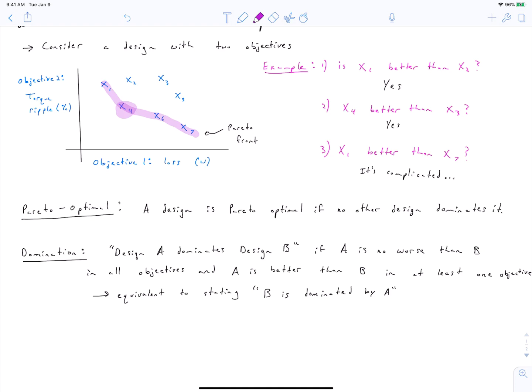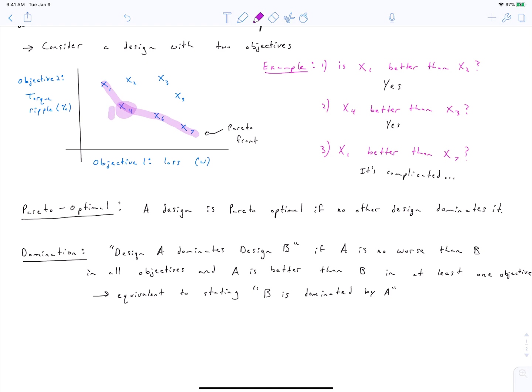But we cannot say the same thing for designs on the Pareto front. So if we compare designs X4 and X6, you can see that X4 improves in one of the objectives, but it degrades a second objective. So it improves loss, but it causes an increase in torque ripple. So we cannot say that X4 dominates X6, nor can we say that X6 dominates X4, because similarly, X6 improves one of the objectives.